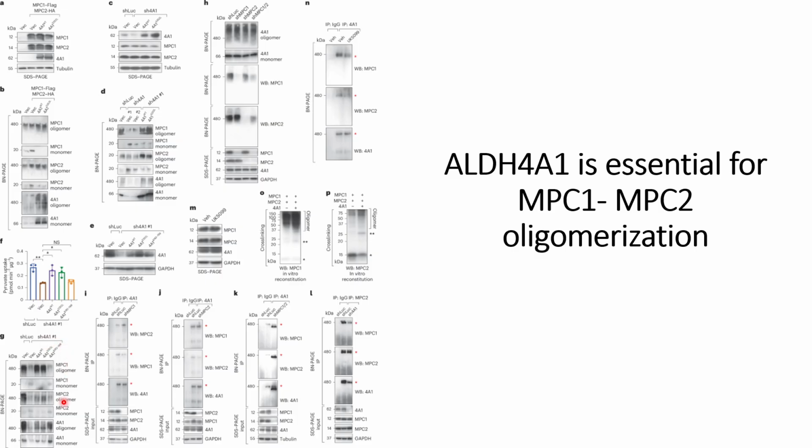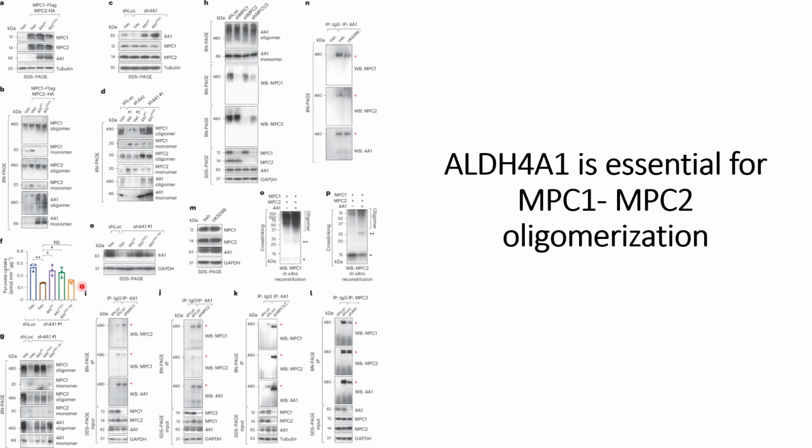Thereafter, they wanted to check whether the monomer also has an effect on this. Now they wanted to see the effect of these different kinds of mutations on oligomer formation.